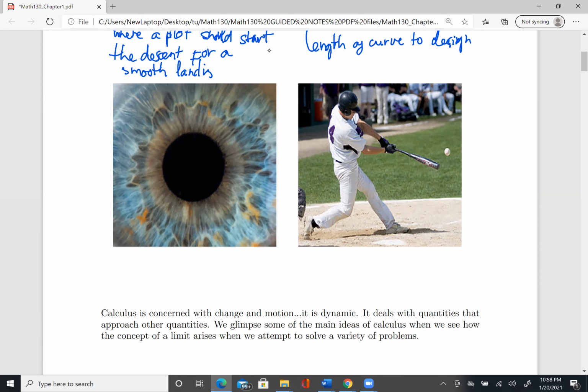We're gonna measure the amount of light seen by human eyes, and then we're gonna compute force, something like that. So this is the reason why we have to learn calculus.